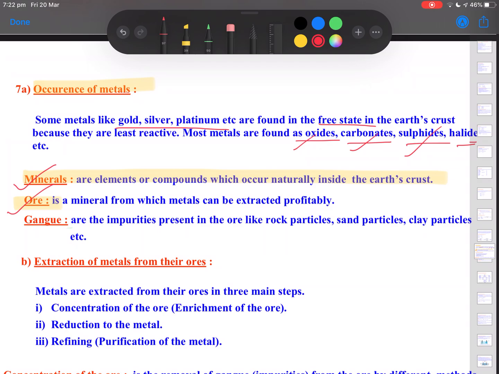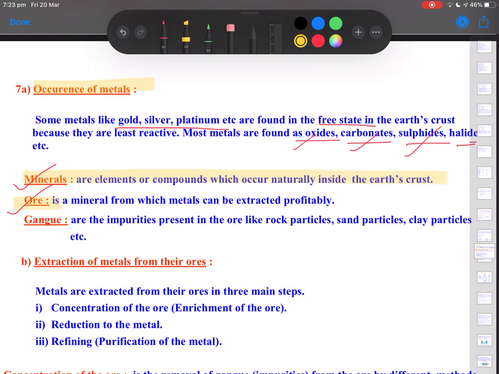So mark a point in your notebook that it is not always possible to extract a metal from any mineral. The extraction of metals can only be done if the process is profitable enough, like the process should not be that expensive and all the conditions should be satisfactory for those particular metals, then all such minerals are called ores.